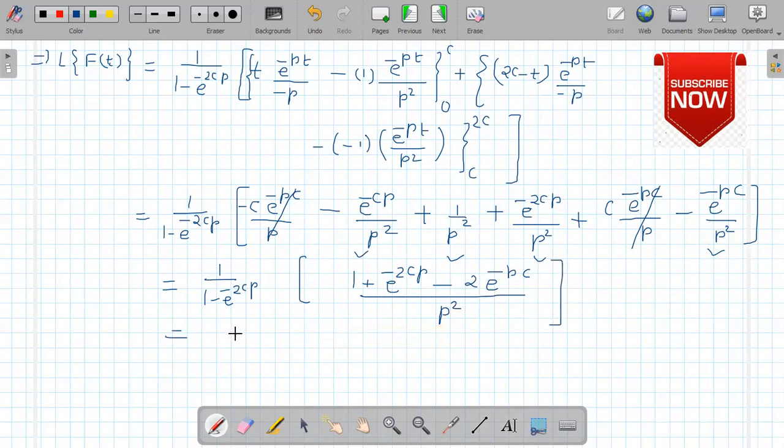So this upper part is nothing but the whole square of 1 minus e to the power minus pc, whole divided by p square.